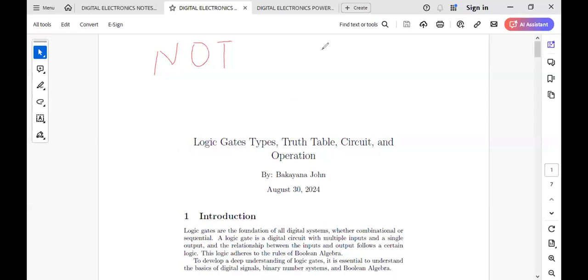But when you expect the bulb to be off, depending on the position of the switch, now the bulb is what? The bulb is on. So in other words, this switch gives the opposite of what is expected.